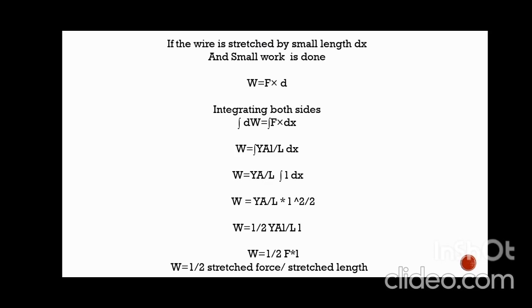W is equal to half YA small l by capital L into l. We know YA small l by capital L is equal to F. So W is equal to half F into small l. That is W is equal to half stretching force into stretched length.